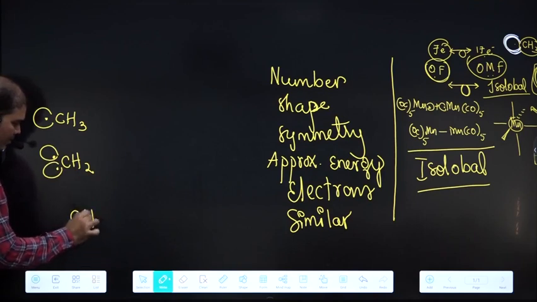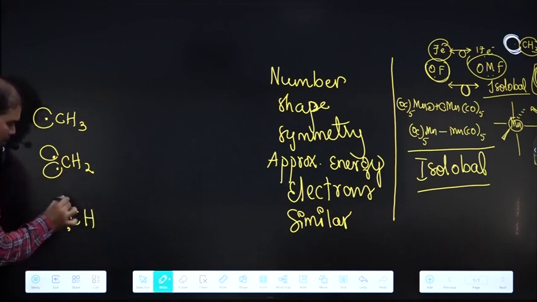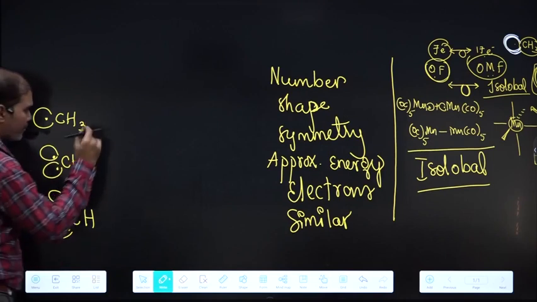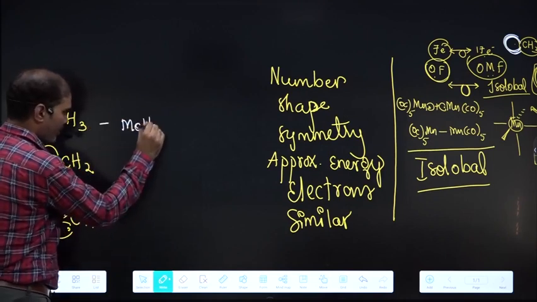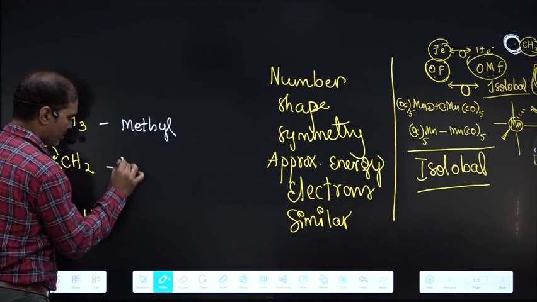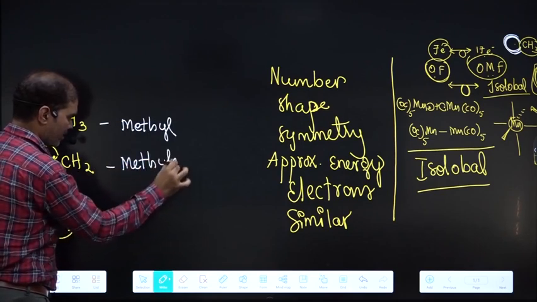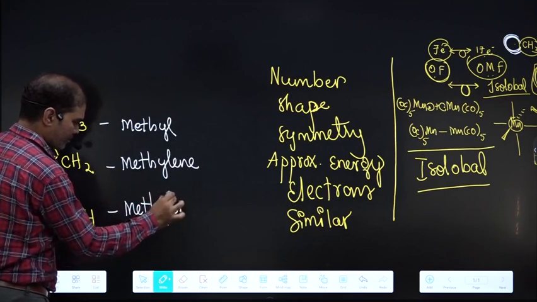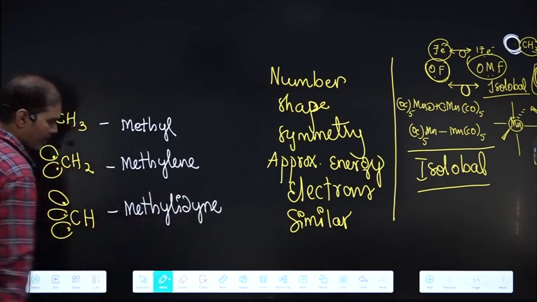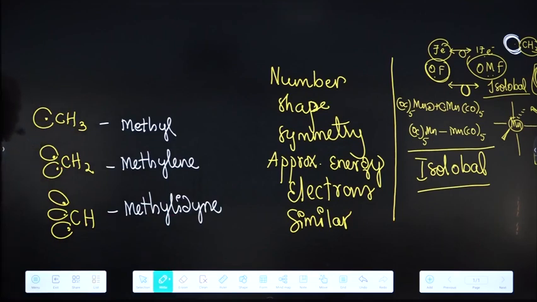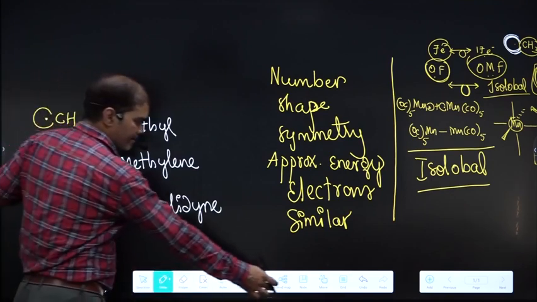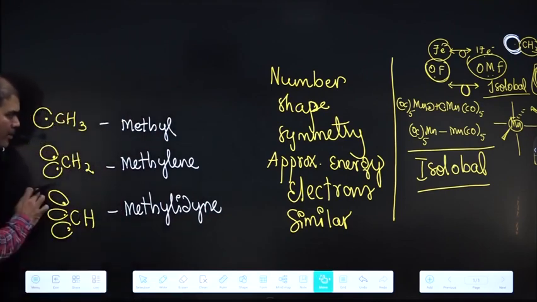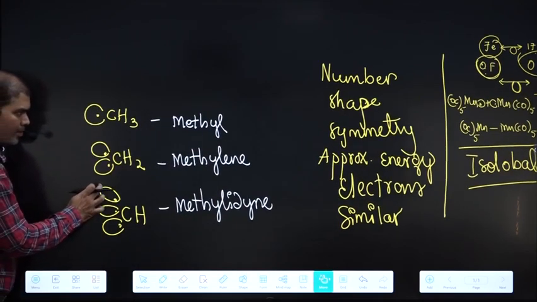Next. The three important fragments considered are, write down this: methyl, methylene and methylidyne. If I ask you how many electron system are they?